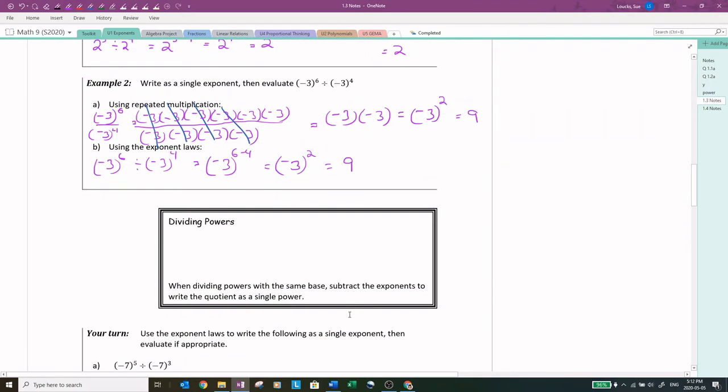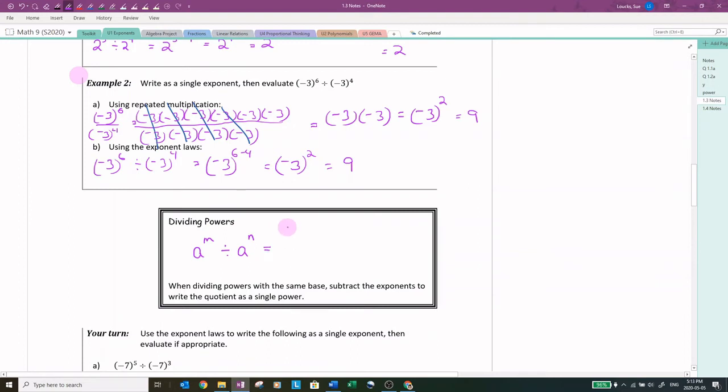Dividing powers, let's write the rule out. We're going to do it with letters standing in front, variables instead of numbers, because the rule works for any real numbers. So a to the power of m divided by a to the power of n. So that's a to any real number exponent divided by a to any other real number exponent.